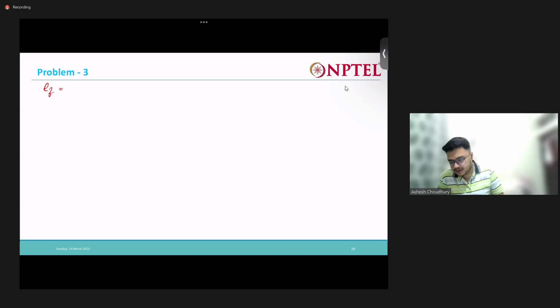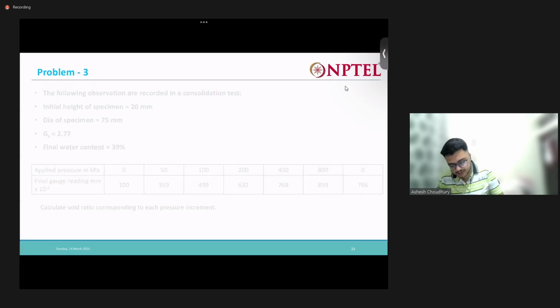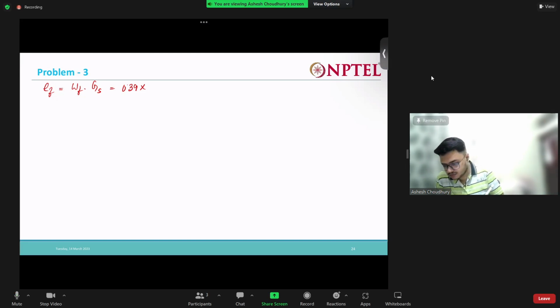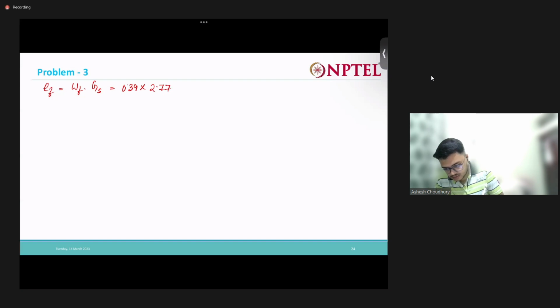That is e final, which is the final water content into Gs. The final water content is 39%, so 0.39 into 2.77 is 1.08. So we get our final void ratio.